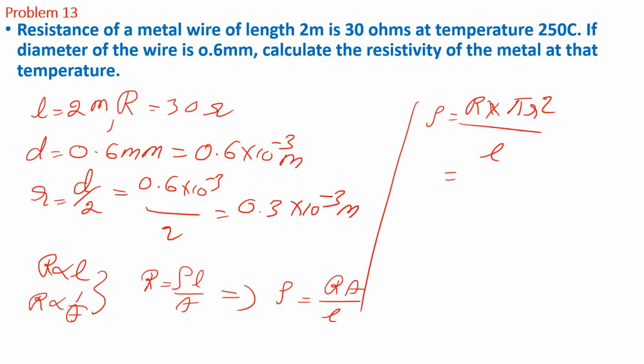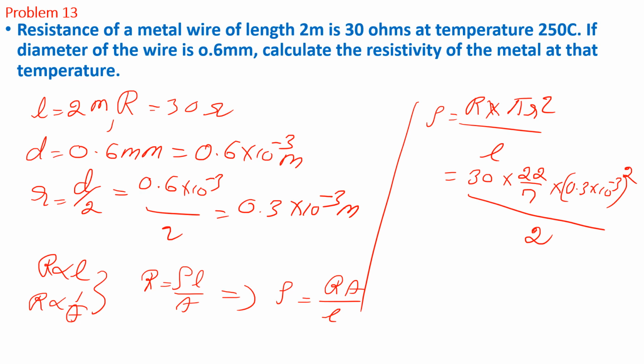So which is equal to, R is given how much? It is 30. 30 into pi is 22 by 7 into r square. r square is nothing but 0.3 into 10 to the power minus 3 whole square, divided by L. Length is equal to 2 meter. They have given. Now I will calculate this and write the final expression.